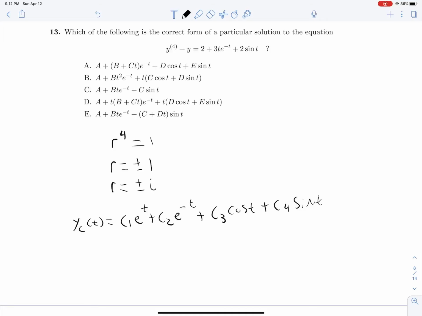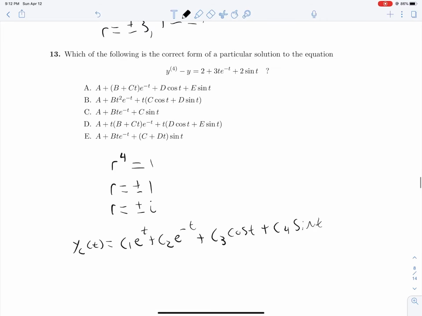So anything that has the same form, some constant times cosine, some constant times sine, or some constant times e to the t or e to the negative t, that we see up here, we will have to multiply by enough t's to get out of the way of an overlapping term with our yc. We see that 3t e to the negative t is good. That doesn't overlap with anything, nor does this 2, but this 2 sine t is no good.